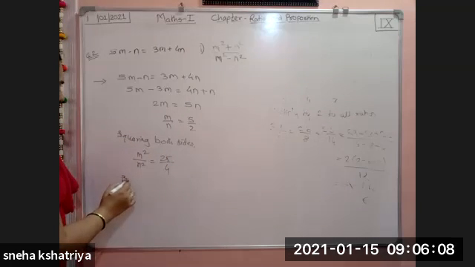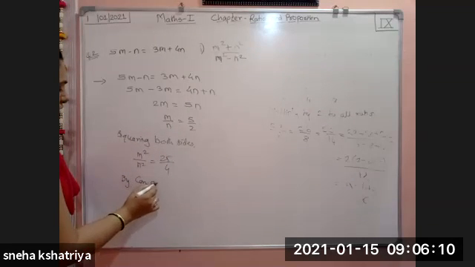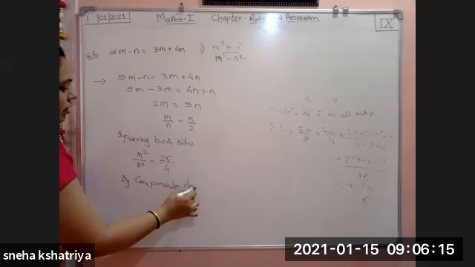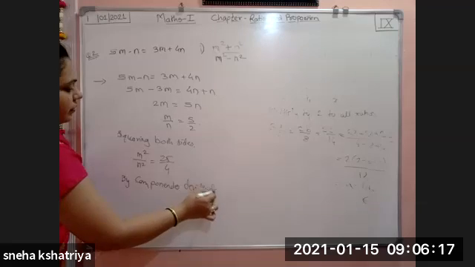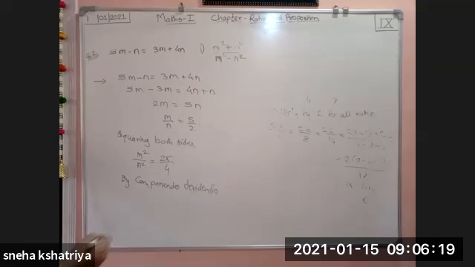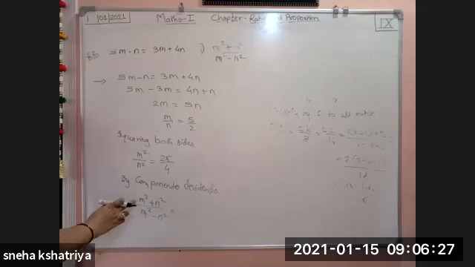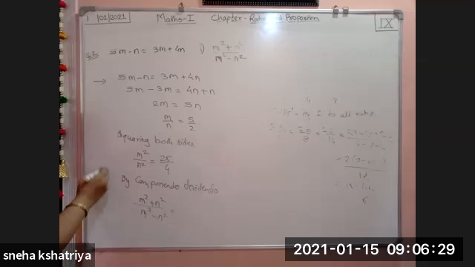So by componendo dividendo, what will we get? m square plus n square divided by m square minus n square. Okay. Addition, and what is it? n plus d upon n minus d.